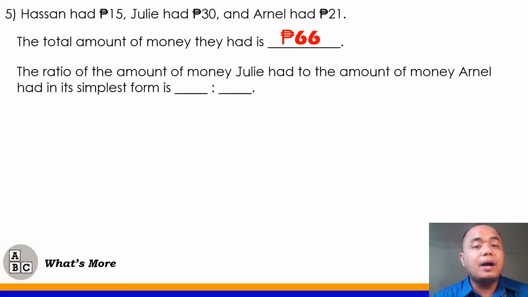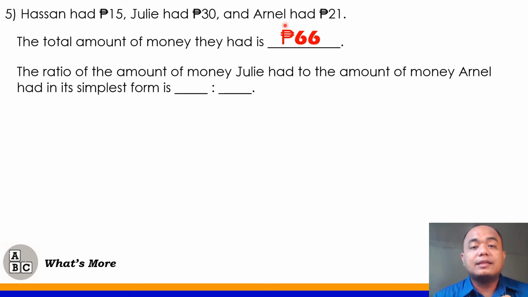The ratio of the amount of money Julie had to the amount of money Arnel had in its simplest form is, now the first quantity we have here is the money of Julie. And the second quantity we have here is the money of Arnel. But we have to express that to lowest term. Now, the money of Julie is 30 and the money of Arnel is 21.